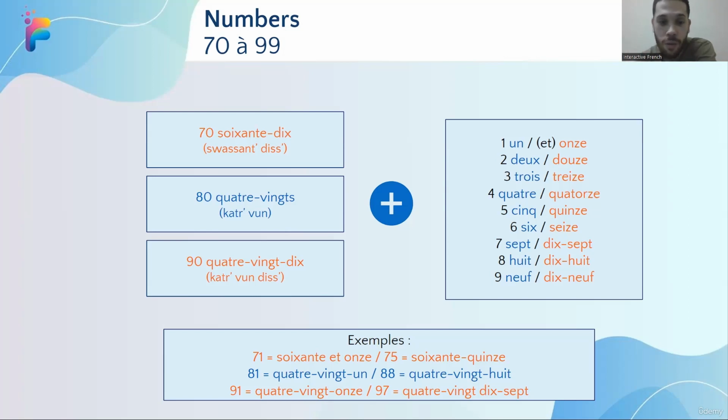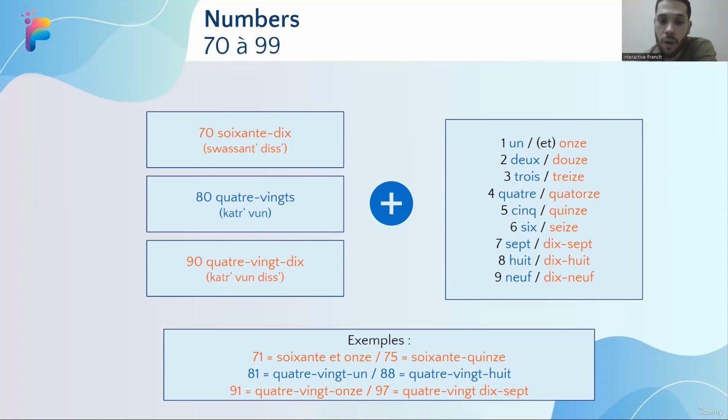Don't get too confused with all this, all right? Just remember 70, and then you add 71, 72, 73, okay? Try not to say 61, 62, 63, right? Otherwise, we get back to 61, 62, 63, yeah? 81, 82, 83, similar to what we saw previously with the numbers from 20 to 60.